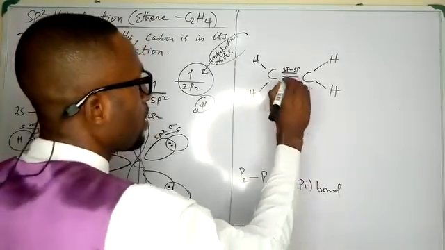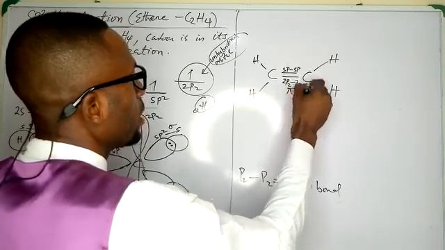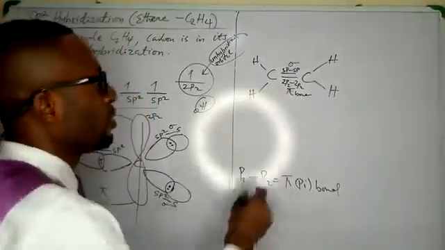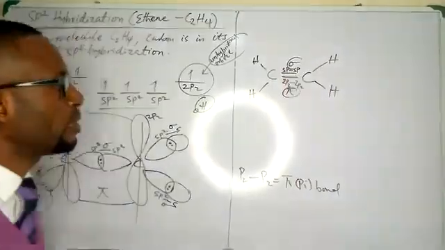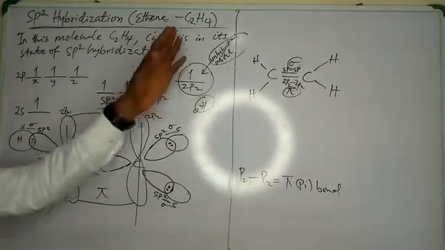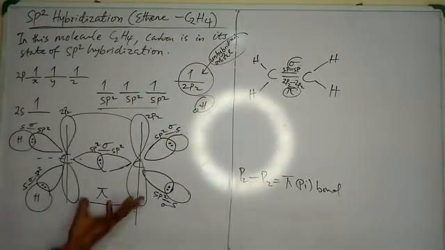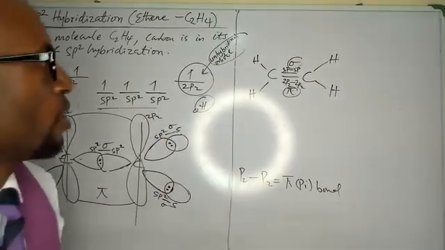So that's why you have a pi bond here, and you have a sigma bond here. So this is the structure of an ethene molecule, showing the way hybridization of the carbon atoms comes.